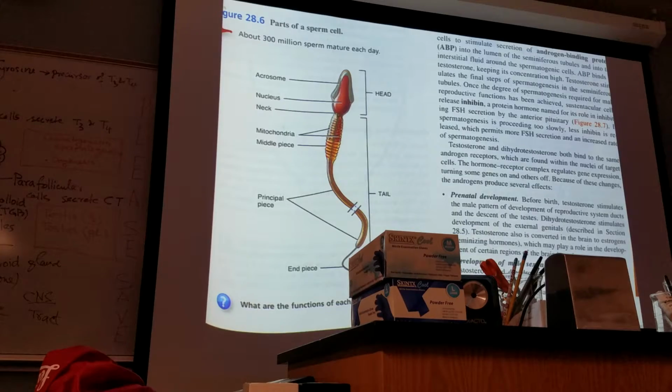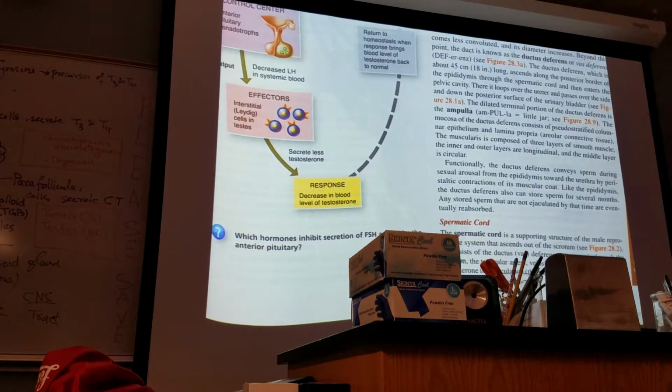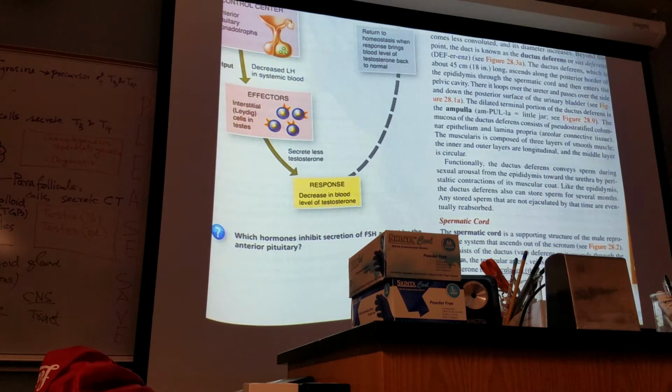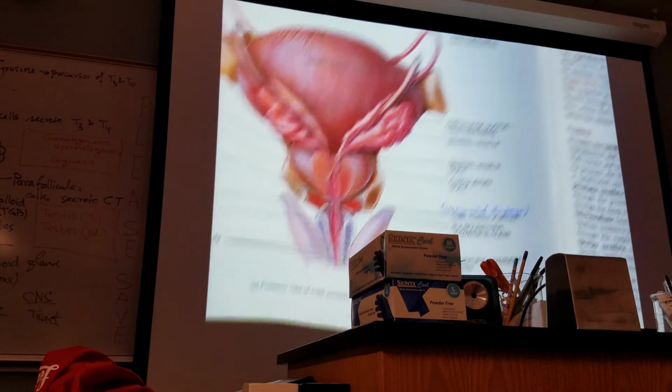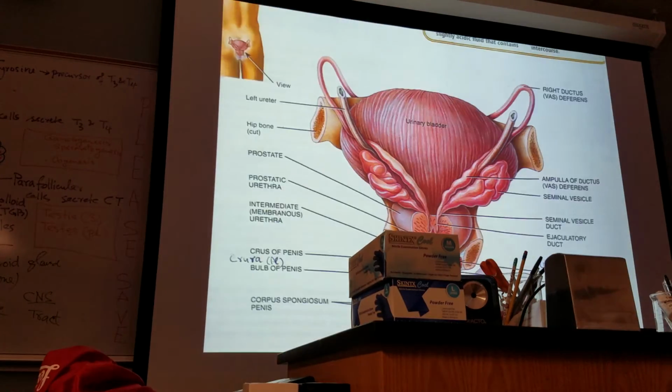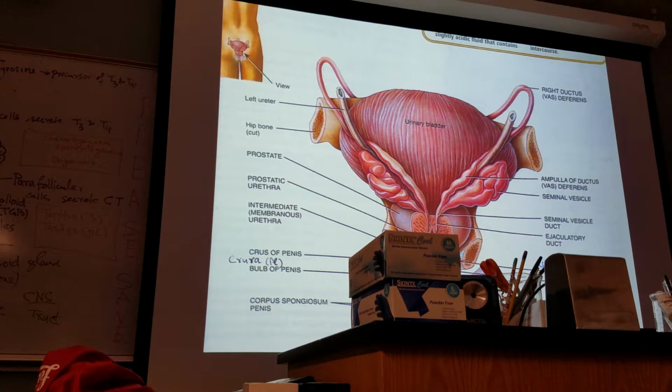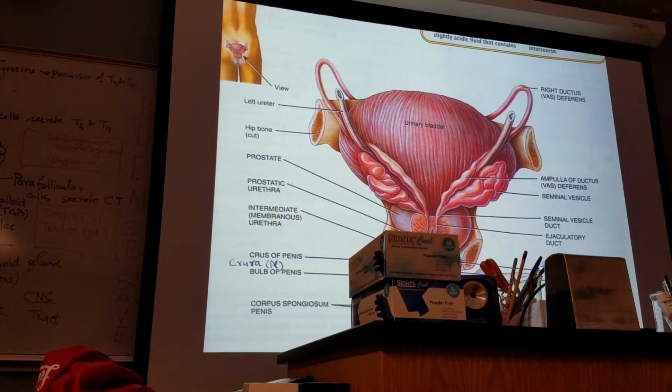Two more diagrams of the male. That means I'm going over the models on the male reproductive system. Now this shows male accessory structures.